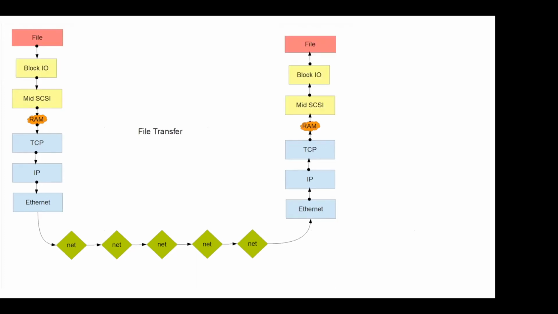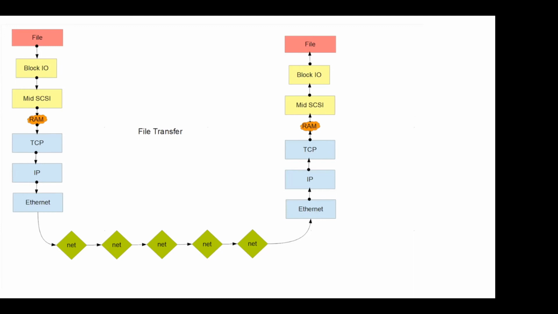If you go to a file transfer, you start with a file. The file hands stuff into block IO, which leads from your disk system or from your storage system, whether it's an SSD or a spinning disk, and into several more layers. If you were being really detailed, there'd be like 5 or 6 layers instead of 2 yellow layers. And then it hands it into that buffer for TCP, and away we go.